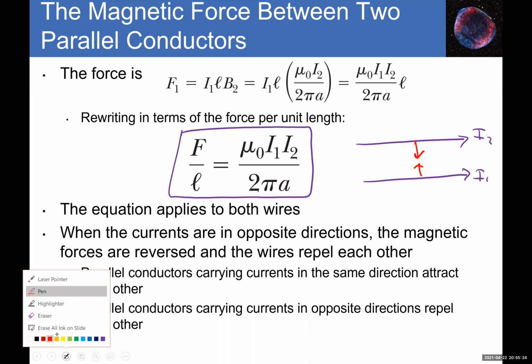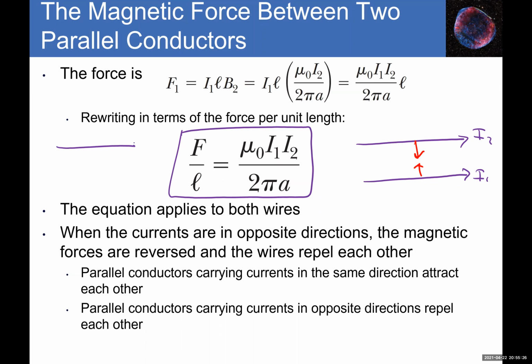But if you have I1 to the right and I2 to the left, these two wires will repel each other. So the force will be repulsive.